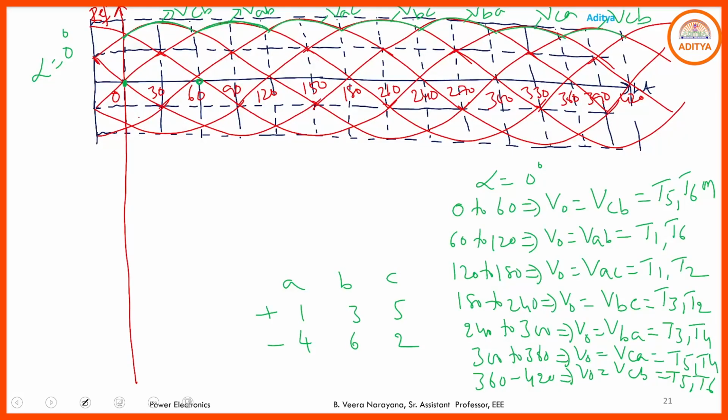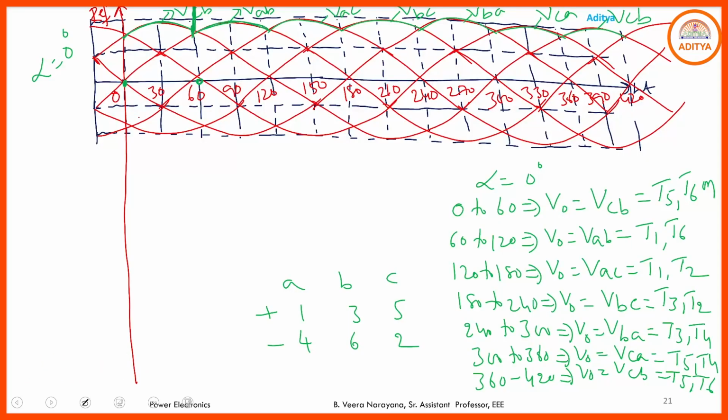You can observe here, this one. If T1 is on, and you know the T1 conduction period, then we can easily identify the remaining SCRs' conduction periods. Yes, you understood?